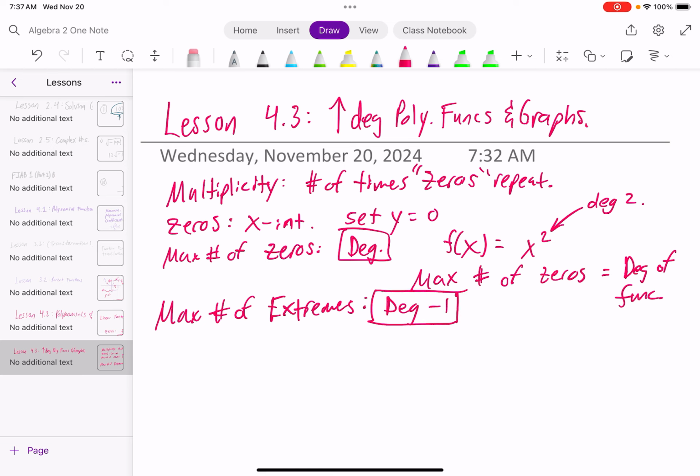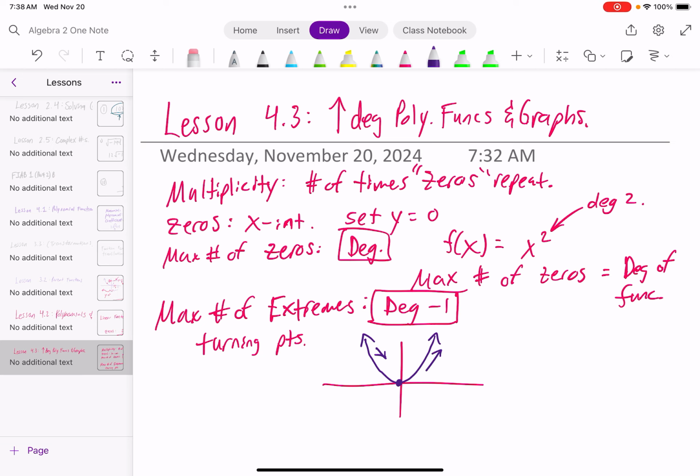Right? So what are extremes? They're turning points. So basically, if you have a graph like y is x squared, as you can see, here I have one turning point, because if you're reading this from left to right, this is a negative slope, and then this is a positive slope there.